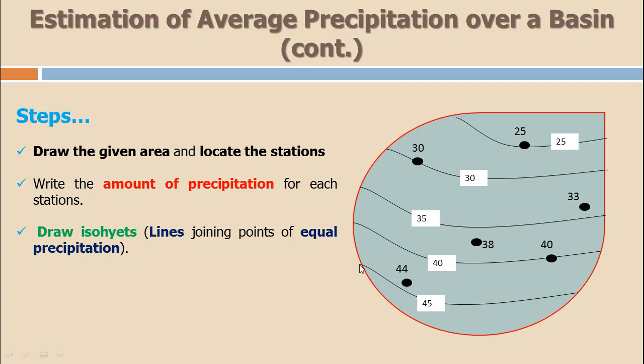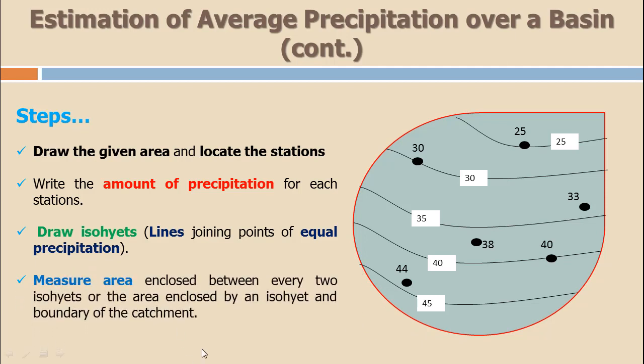Okay, then measure the area enclosed between every two isohyets. These are the two isohyets, the isohyet of 25 millimeter and the isohyet of 30 millimeter. So measure this area, or sometimes the area enclosed by an isohyet and the boundary of the catchment, like at the first and at the last.